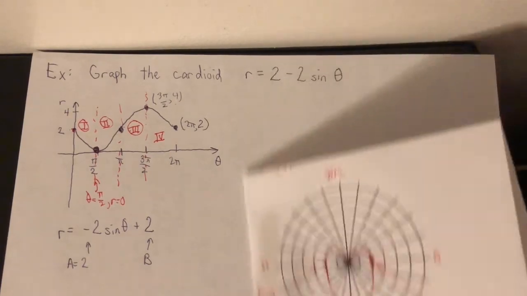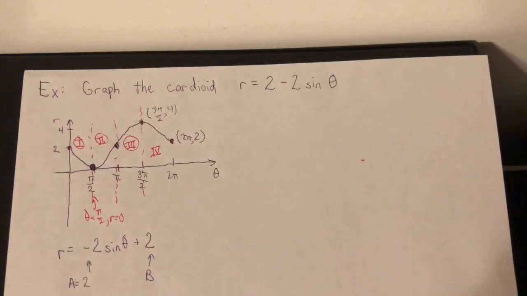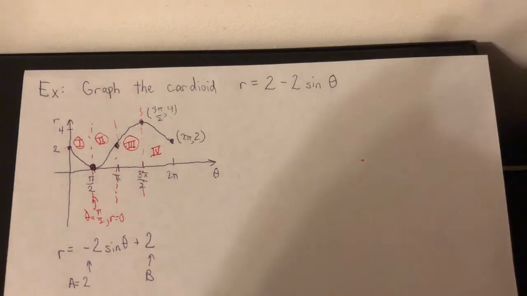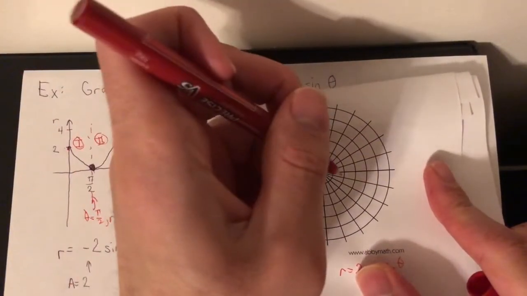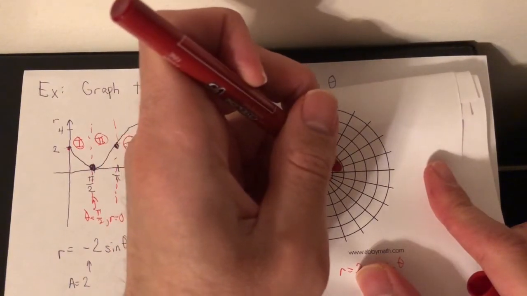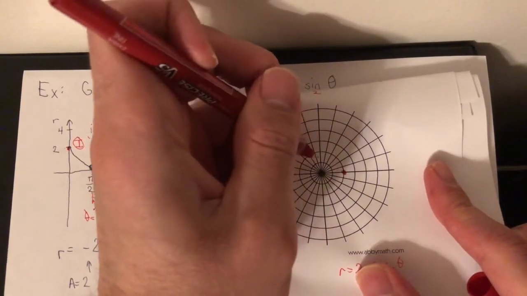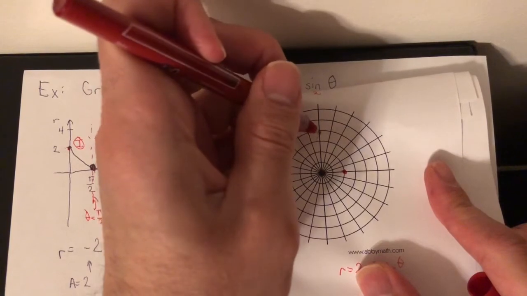So if you look at 2 plus 2 sine theta, you're going to get the same picture. It's just going to be inverted. So 2 plus 2 sine theta, you're going to get something that looks like this. 1, 2, 3, 4.